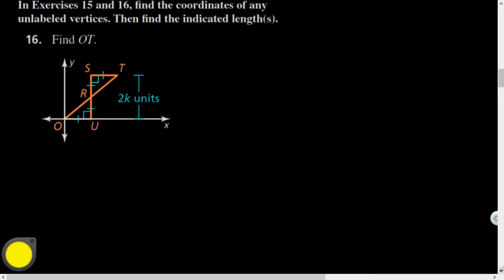All right. Find the coordinates of any unlabeled vertices. What are our thoughts? UR is equal to K. Do you guys agree?